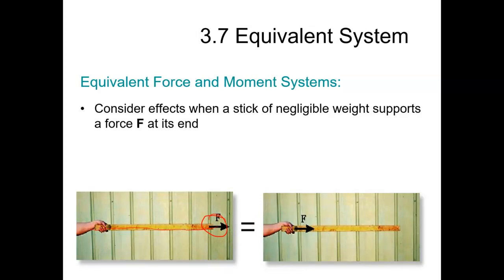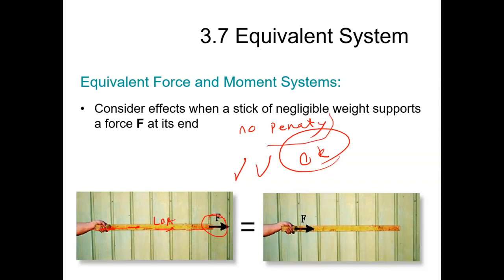I can bring this force anywhere I want, here, here, and even there. So here, I transfer the force along the line of action. So this is okay. No penalty. If you change this free body diagram, this force to this one, you won't be penalized.